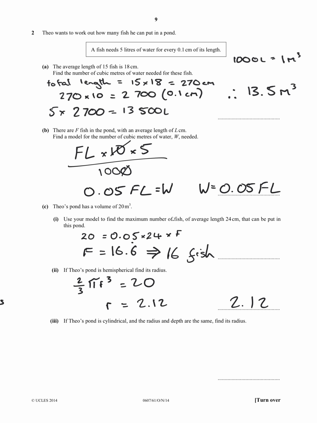And if Theo's pond is a cylinder, and the radius and depth are the same in the context that we've got, that was just pi r cubed, wasn't it? That would equal 20, so that's my radius r. So I need to do the cube root of 20 over pi, which comes out at 1.85.